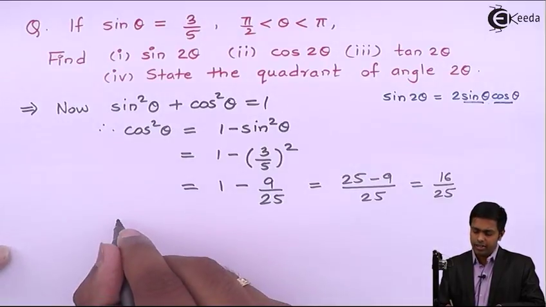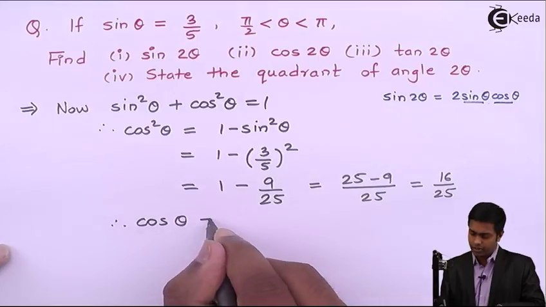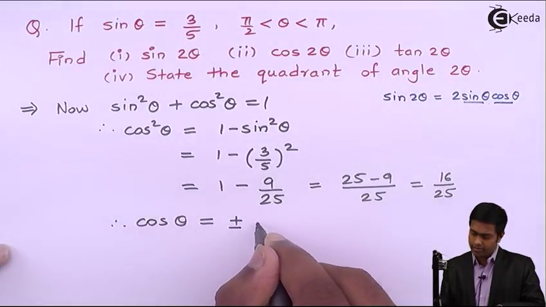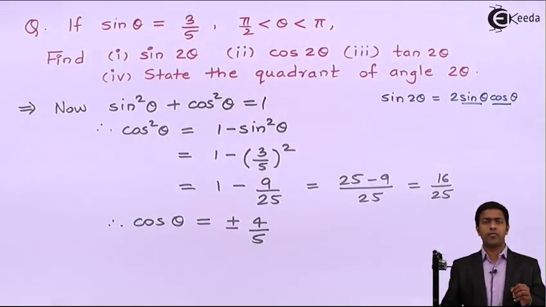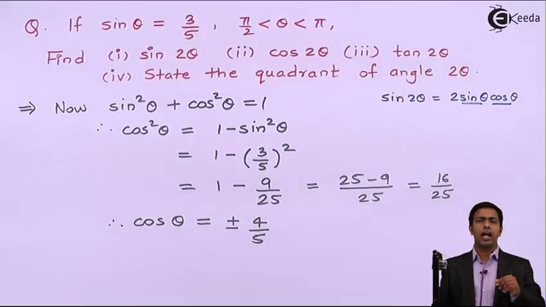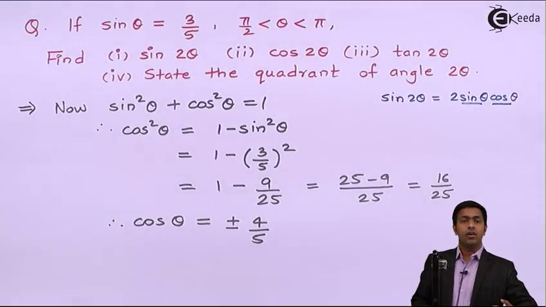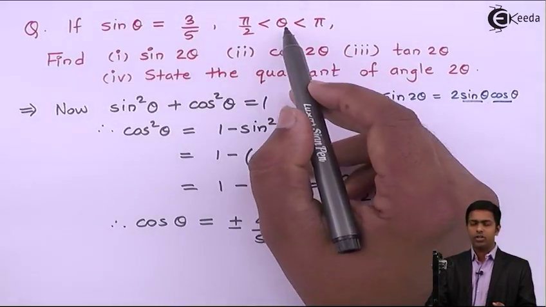Taking square root on both sides, we get cos of theta is equal to plus and minus 4 by 5. So it means we are getting 2 values of cos theta, that is positive 4 by 5 and negative 4 by 5. But guys, which value should we accept? It will be decided based on theta.